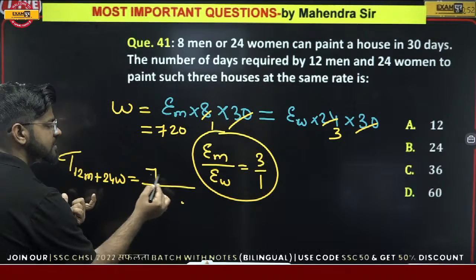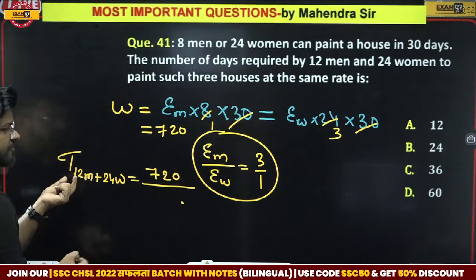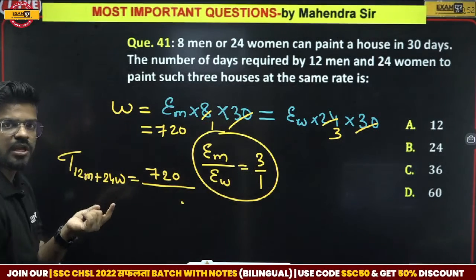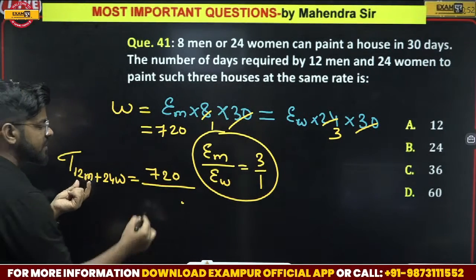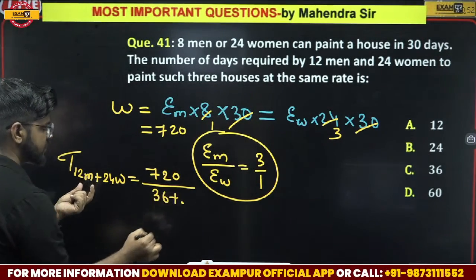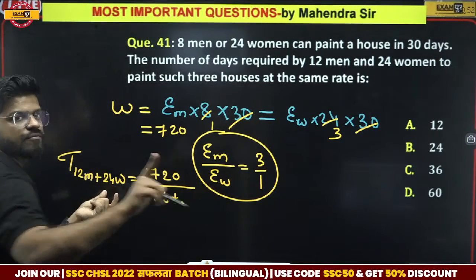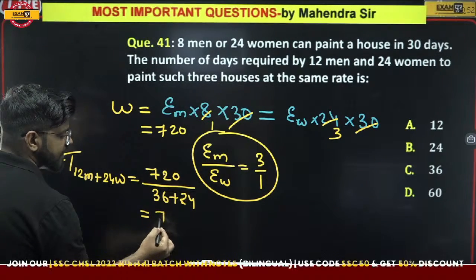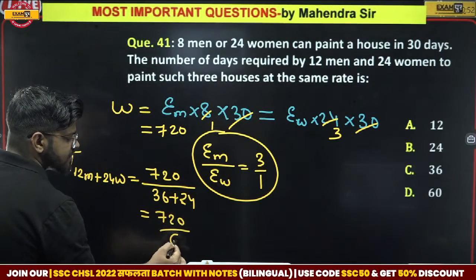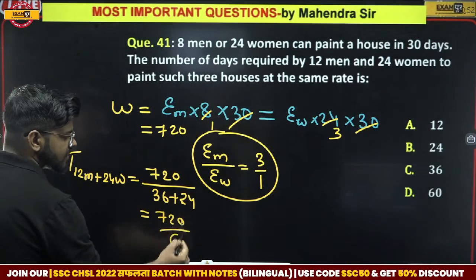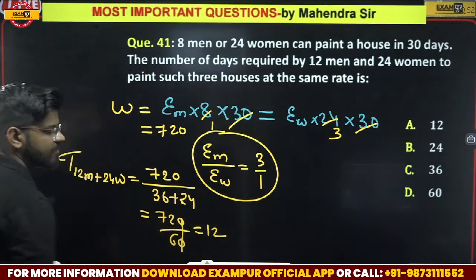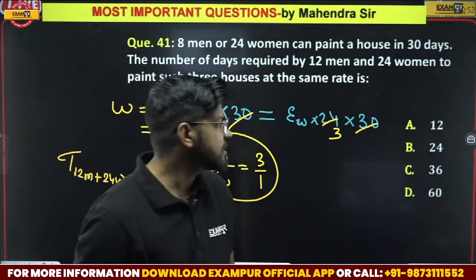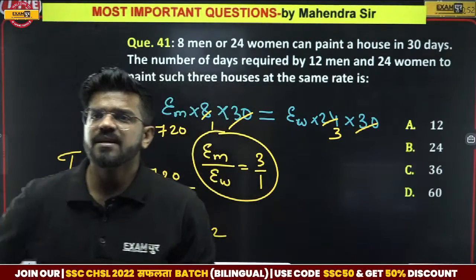So total work is 720 and for one man the efficiency is 3. So 12 men will be 36. One woman has efficiency of 1, so 24 women will have 24 efficiency. So 720 divided by 60. So it will be what? 12. Yes or no? What is the answer? 12.